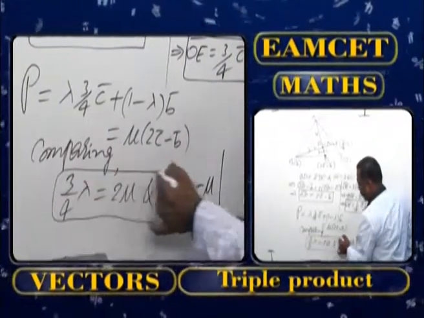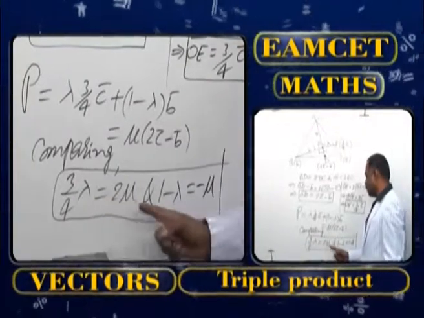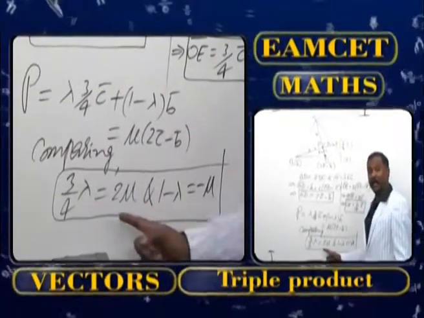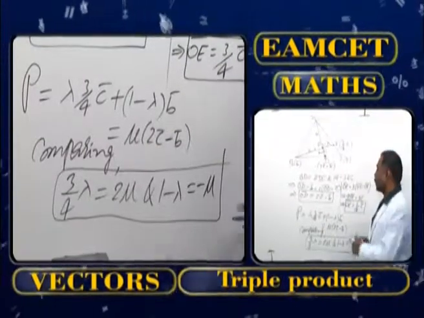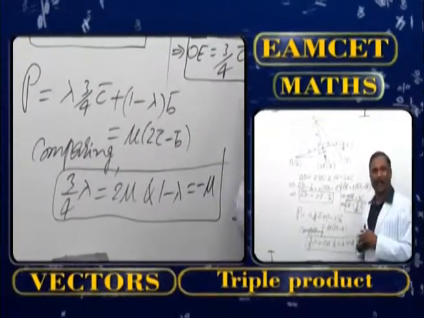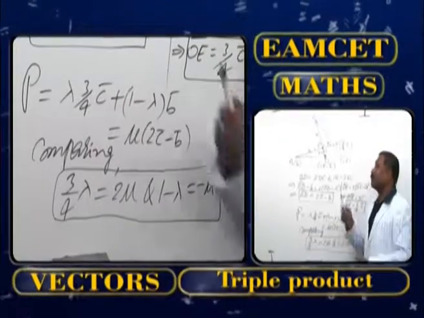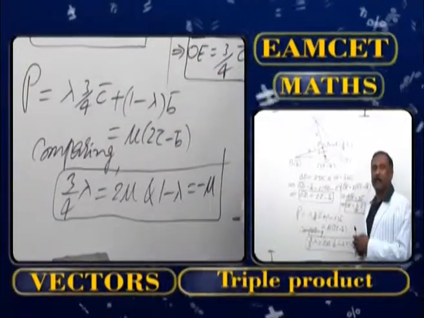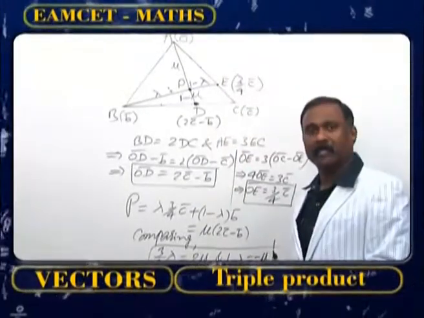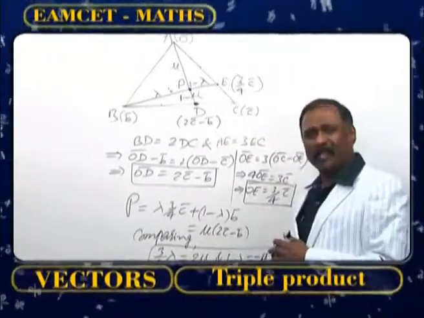You have to solve this to get the value of lambda. If you get the value of lambda and substitute, you will get the ratio. That's the elegance of this problem: taking the ratio as lambda is to 1 minus lambda makes the problem easy for you. Otherwise, it will be more lengthy.